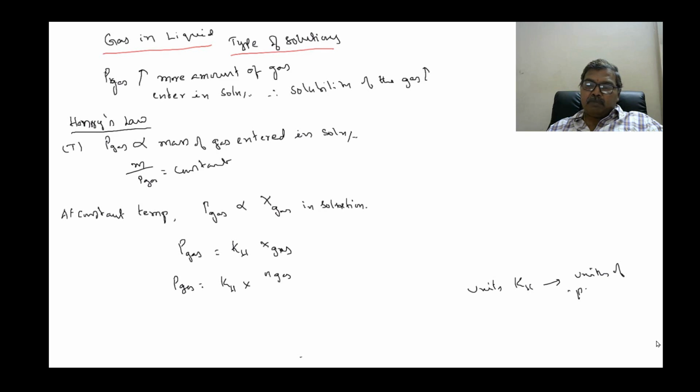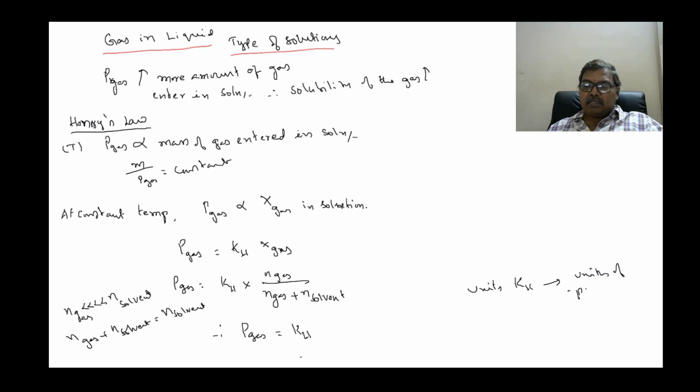Mole fraction is number of moles of gas by number of moles of gas plus number of moles of solvent. Number of moles of gas is very much less than number of moles of solvent. So therefore number of moles of gas plus number of moles of solvent is approximately equal to number of moles of solvent. So pressure exerted by the gas is equal to Henry's constant into number of moles of the gas by number of moles of solvent.